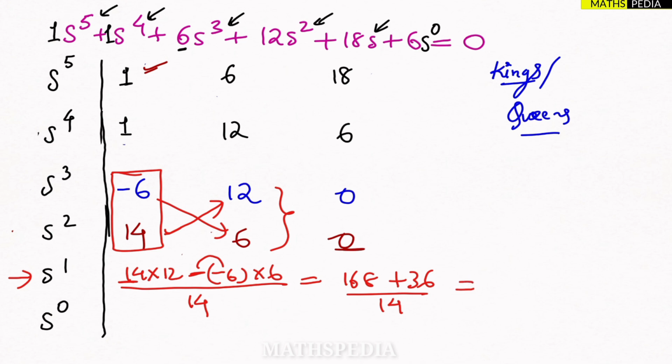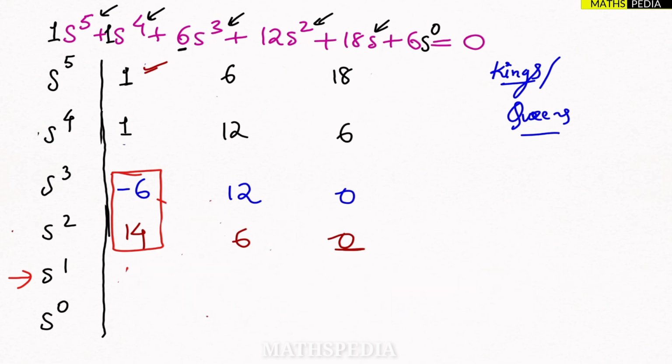So 168 plus 36, how much will we get? 204 divided by 14. I think it will come in decimal, so I'll just put it in the calculator. So it will come as 14.571. Okay, so that much value it will be.